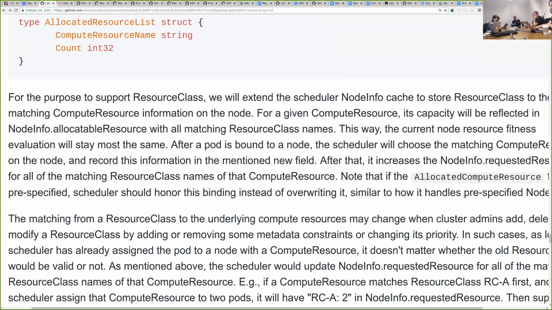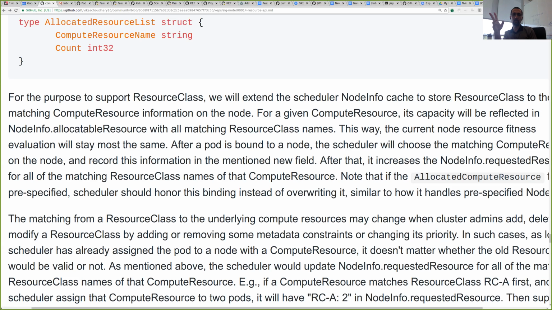Our proposal is that once the scheduler says a compute resource is assigned to satisfy a resource class request, it will increase the requested accounting information for all the matching resource classes. This allows us to support the multiple matching from compute resource to resource class, and also to avoid the double counting problem. And I think we can handle group resource in a similar way.